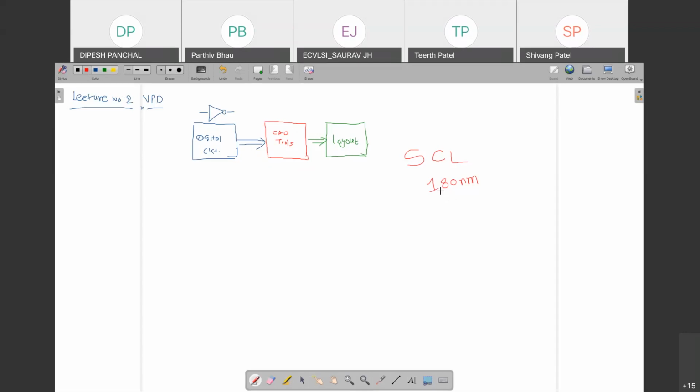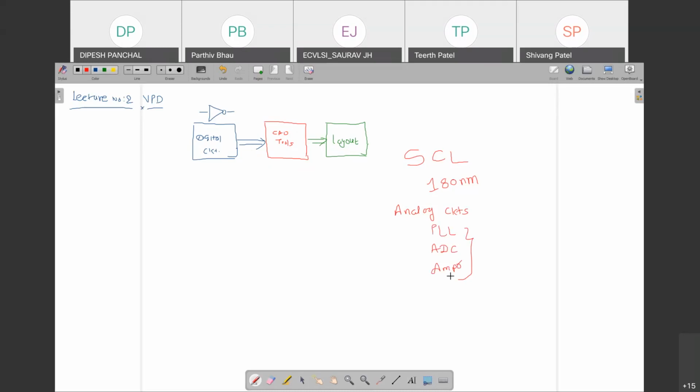Now, if we pick up any analog circuits, maybe PLL, maybe ADC, maybe amplifiers, you will never come to too much complexity.